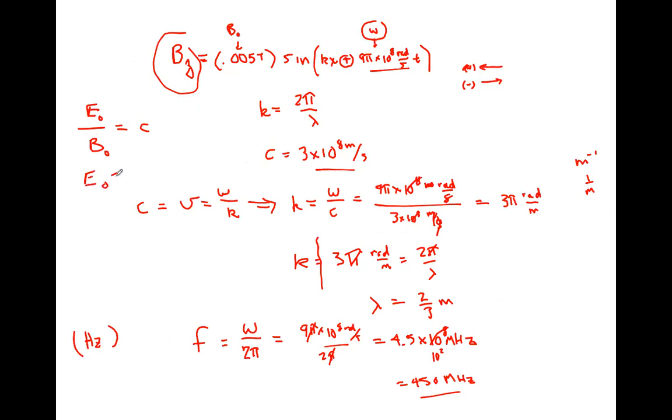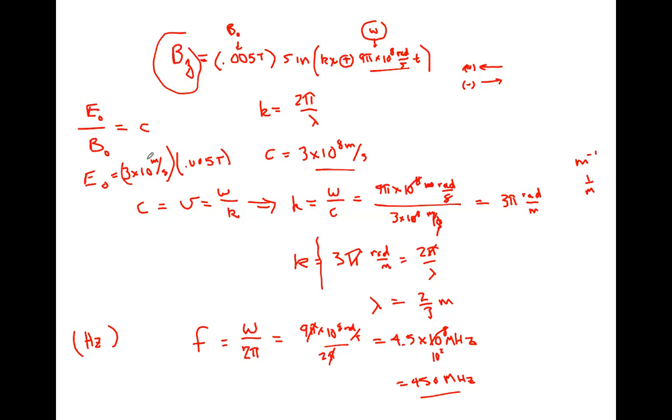It would just be 3 times 10 to the 8th meters per second times the number of Tesla, 0.005 Tesla. And what's 3 times 5? That would be 15.